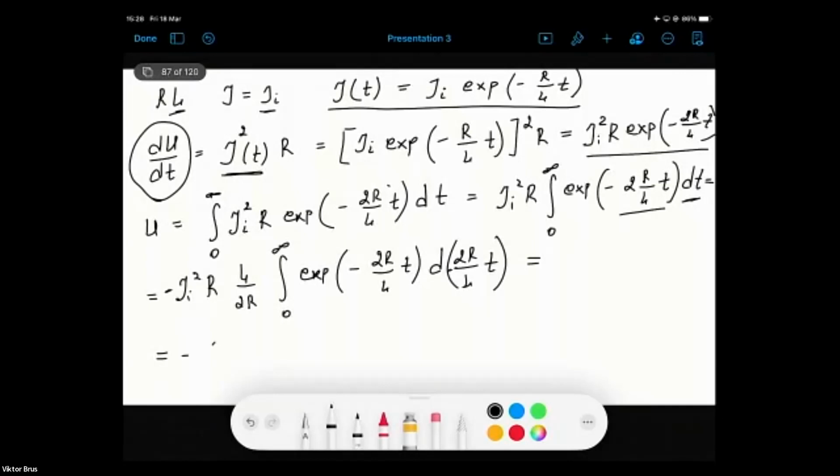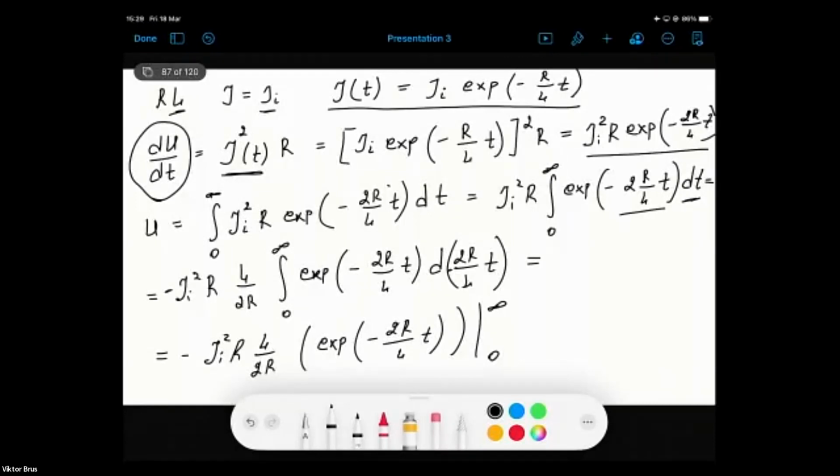So here we have minus I initial square times resistance R, and here is L divided by 2R. After integration, we get exponent minus 2R divided by L times t from 0 to infinity for time.